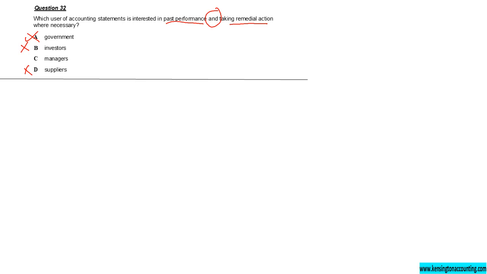Manager, yes, the manager would certainly be interested in the profitability or the performance of the business, because very often managers get paid bonuses, or a part of the compensation, pay packet or pay package is linked to profitability. Therefore, yes, they will certainly be interested in the performance of the business.